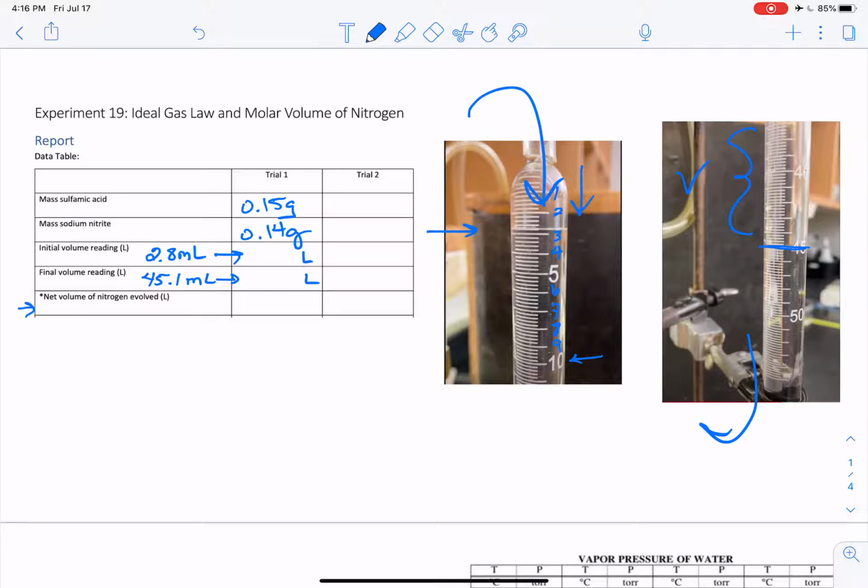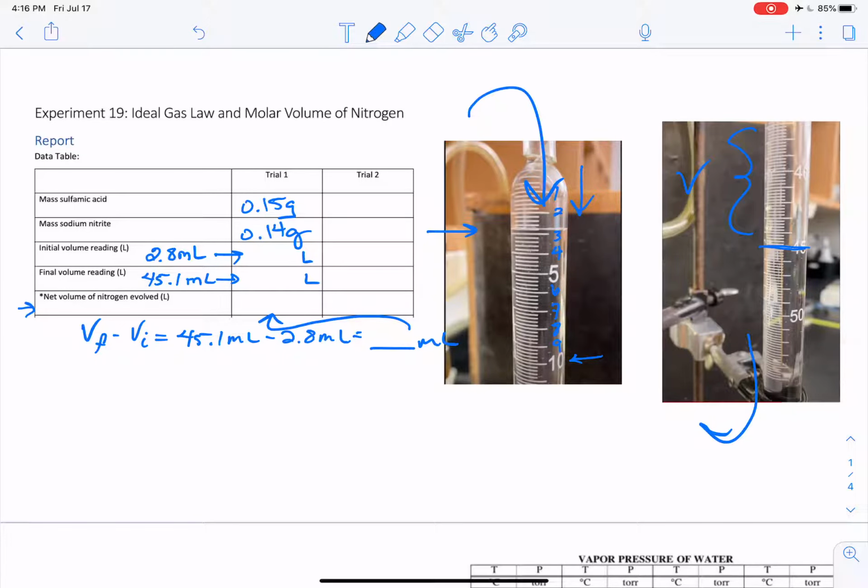So what we want to do is take the final volume and we're going to subtract off the initial volume. So we've got 45.1 milliliters minus 2.8 milliliters, and that is going to give us some value in milliliters, and we're going to convert that up here into liters.